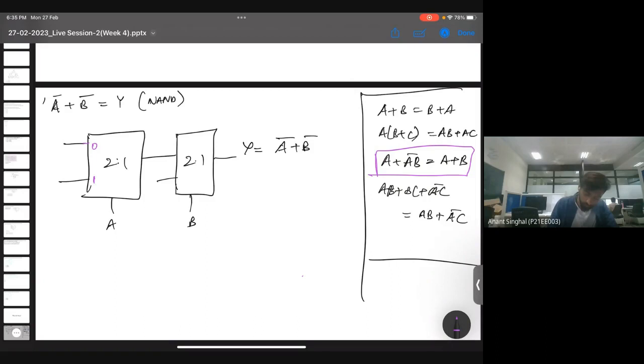We know that the inputs are 0 1 0 1, so this will be A bar, this will be A, this will be B bar, this will be B.